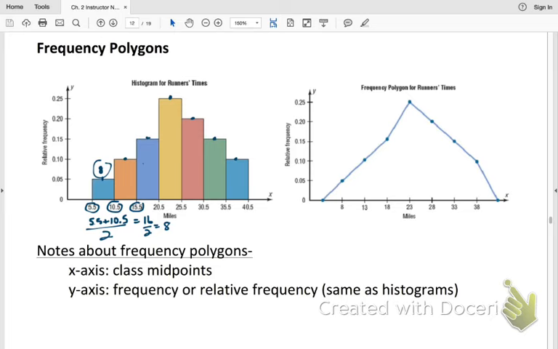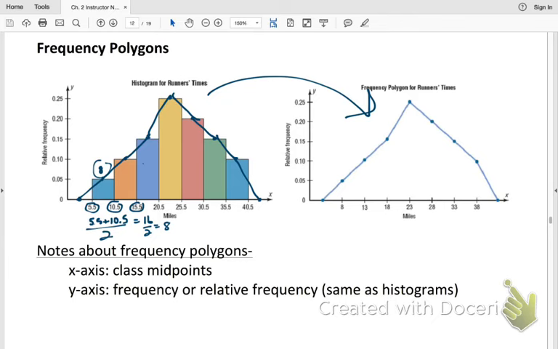Notice we're even taking the 3 right here and the 43 over here on the right. And then if we just connect the dots, we end up with a polygon that looks like the polygon over here.